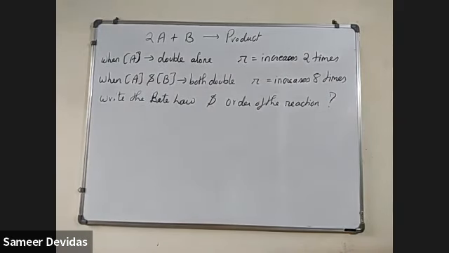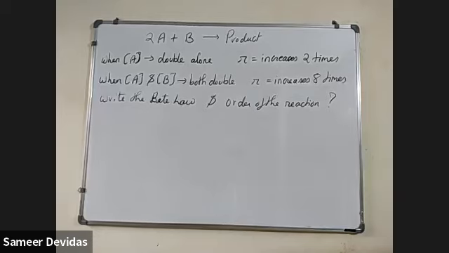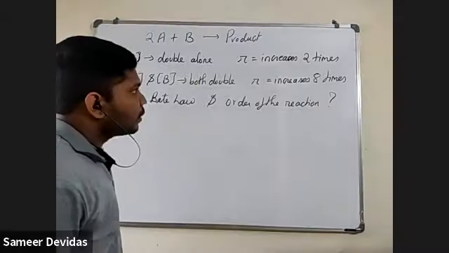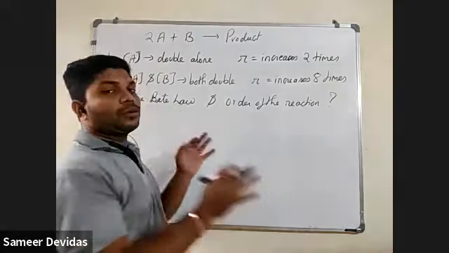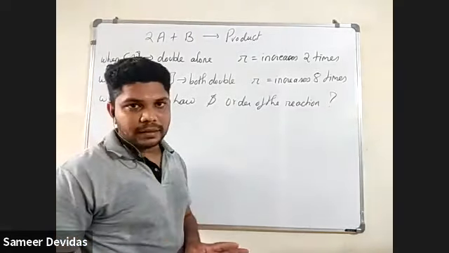Can all see clearly what is written on the board? Okay. Sir, is the rate law only for reactants or also for products? Actually, while giving the problem, they will only give it for the reactant.